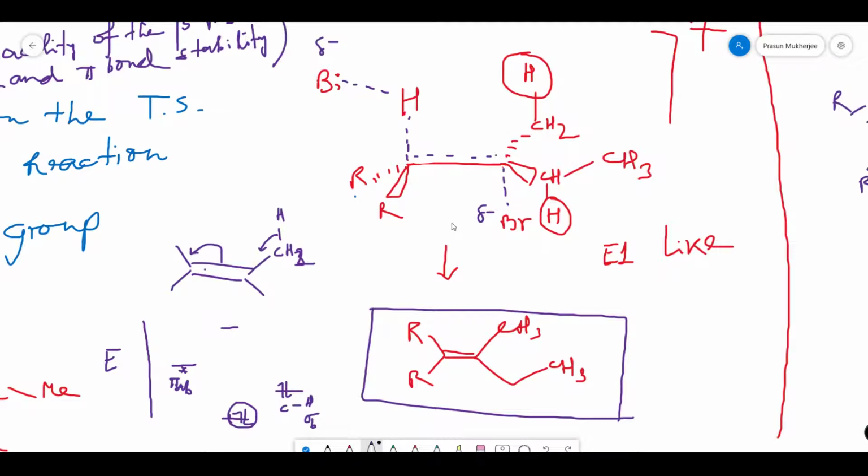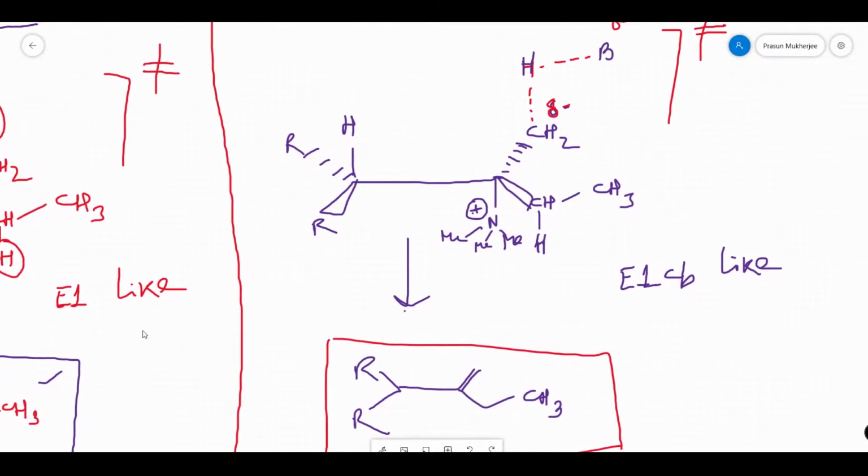As the transition state involves the formation of a partial double bond, the double bond will be formed in the position in which there will be maximum stabilization via hyperconjugation. So this is the most stable position for the double bond to form, and accordingly this product will be formed. So this is the case for Saytzeff elimination.